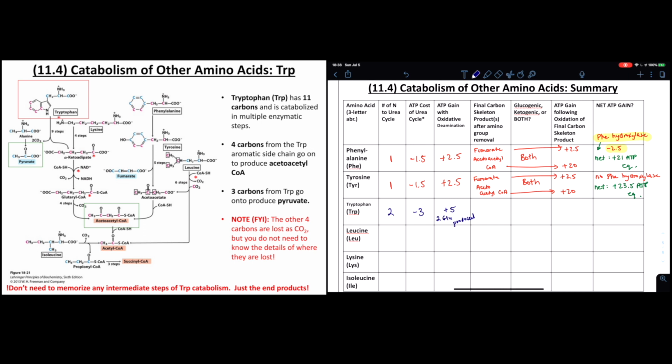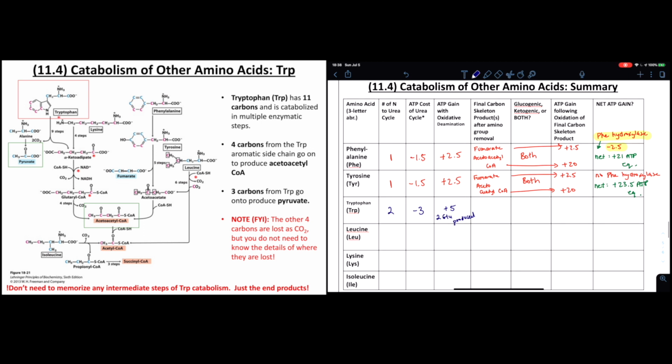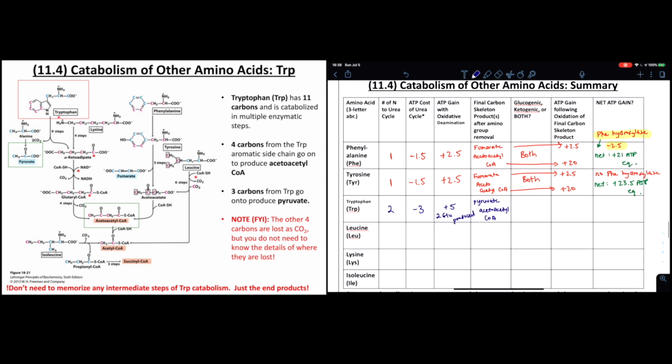Okay, and the final carbon skeletons that get broken down, they're going to form into pyruvate and acetoacetyl-CoA. So if it makes pyruvate and acetoacetyl-CoA, we classify this as both because pyruvate has the opportunity to make glucose through gluconeogenesis, and this is ketogenic.